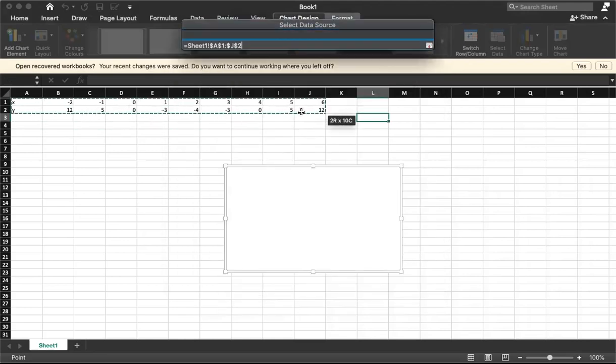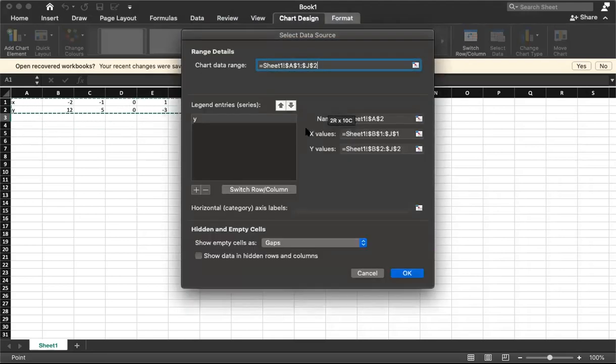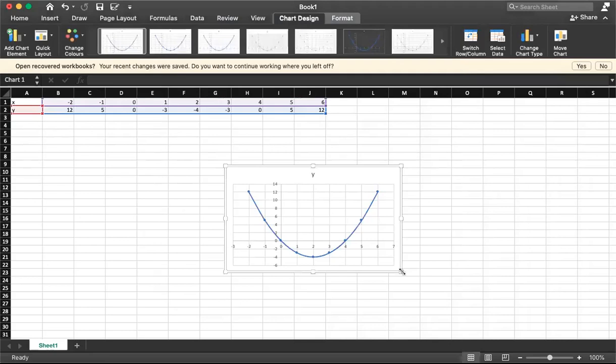All right, the X values. Okay, those are the X values. Those are the Y values. Okay, it's good. So that is the graph.